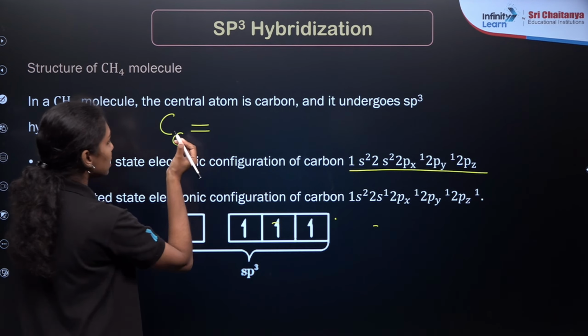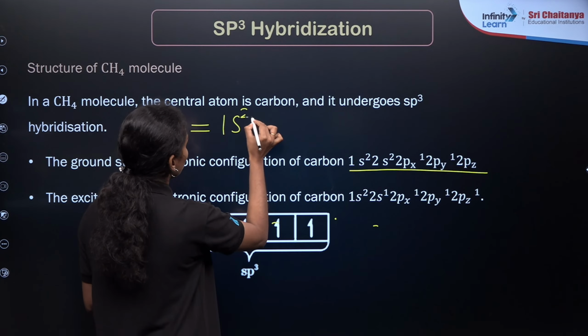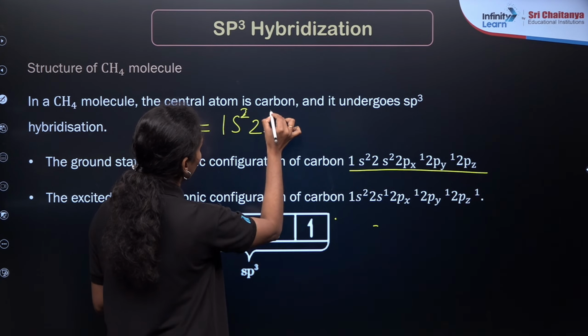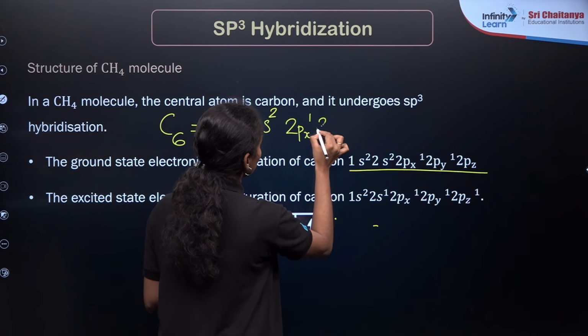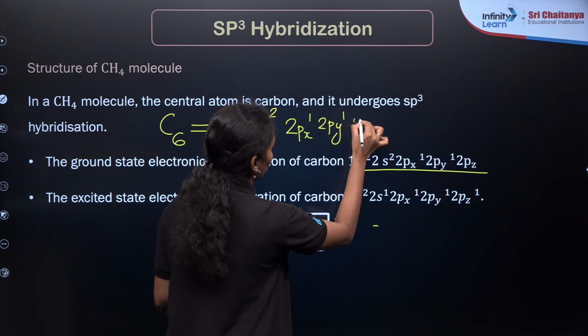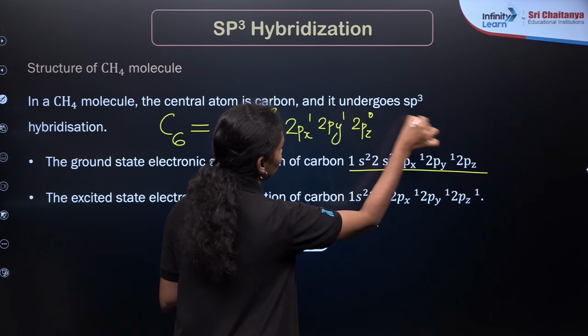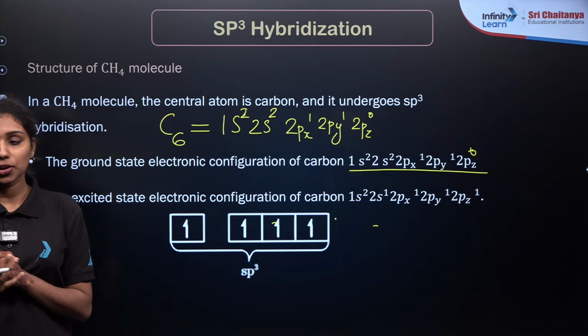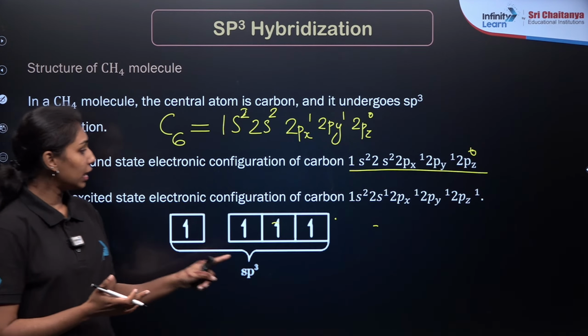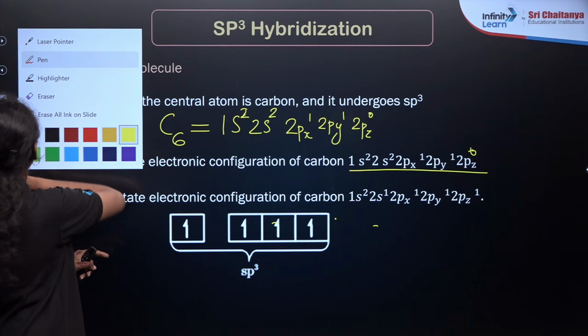Carbon has atomic number 6, right? So 1s2, 2s2, 2p2. I am writing here 2px1, 2py1 and 2pz0. In order to undergo sp3 hybridization, we need 3 p orbitals, right?